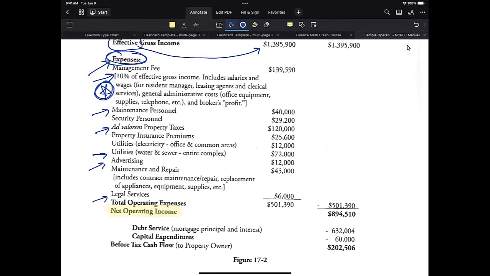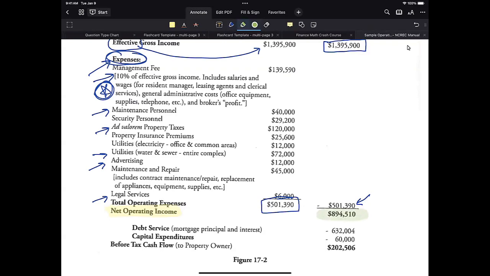All that together, they're saying you're probably going to have $501,000 in expenses. So although you're bringing in $1,395,900, you're probably going to spend $501,000 of that on expenses. So your net operating income is this.